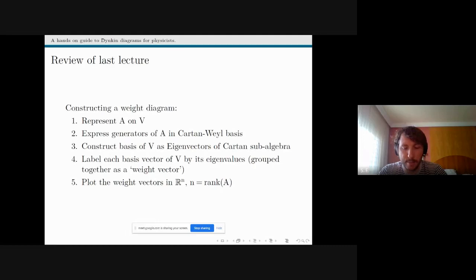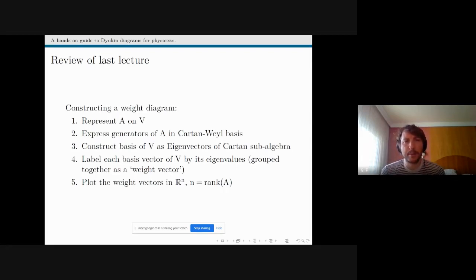And Dynkin diagrams are a way of encapsulating all the information in a root diagram in a two-dimensional picture. So all Dynkin diagrams can be expressed in 2 dimensions, regardless of the rank of the Lie algebra that you're considering. So that's roughly speaking what we're going to be covering for this lecture.